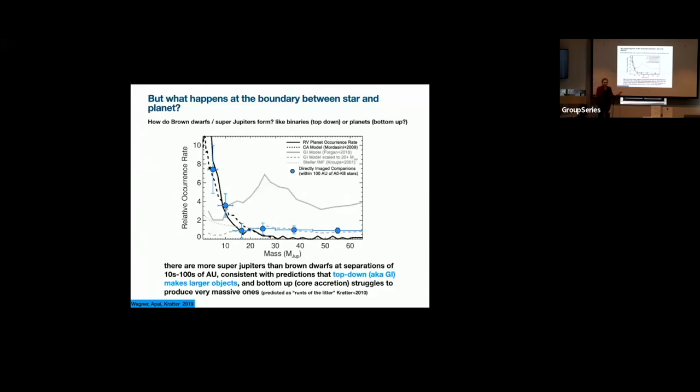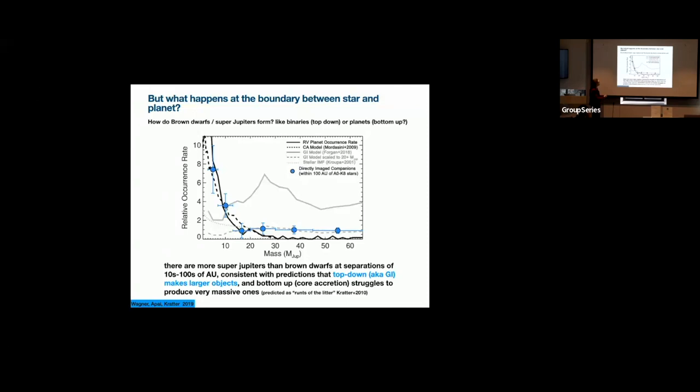And similarly, this bottom-up process of making planets starting from dust grains doesn't know that if it's too good and too efficient and it hits 13 Jupiter masses, that, oh, well, that's deuterium burning, I can't possibly grow anymore. And so if we look at this boundary, what do we start to see? This is now looking at the objects in between massive brown dwarfs down to relatively high mass gas giant planets.